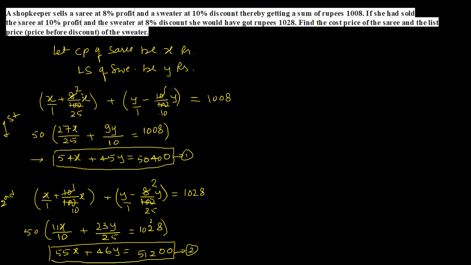Whenever you see equations like this, where you see 54x plus 45y equals 50,400, and another one is 55x plus 46y equals 51,200.